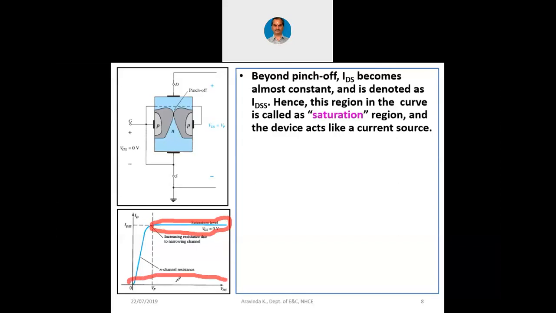This itself is the cutoff region. I cannot write cutoff so easily. Okay, this itself is the cutoff region now. I will have to struggle here. Let it be. Now, this region is called saturation in BJT, but this region is called the linear region in MOSFET.